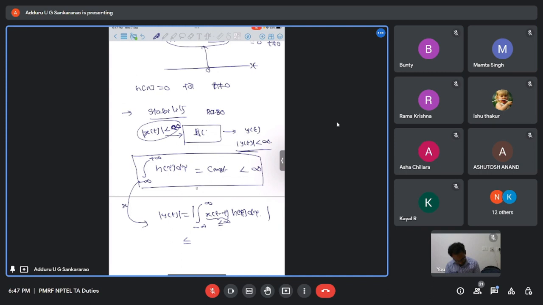Input I'll say less than or equal to some constant c. Then in this integral, this is just a shifted version of input. Definitely it is less than the constant. Now this we can write as less than or equal to c times the integral.